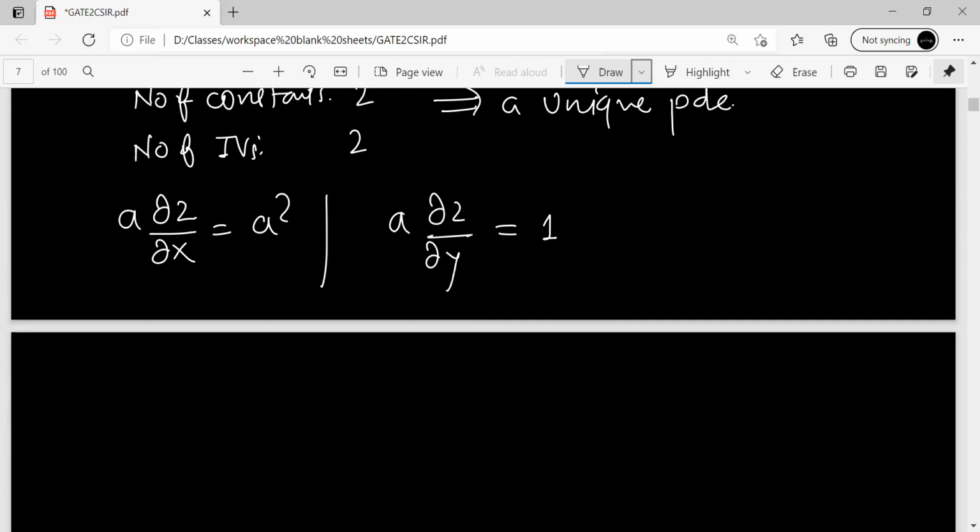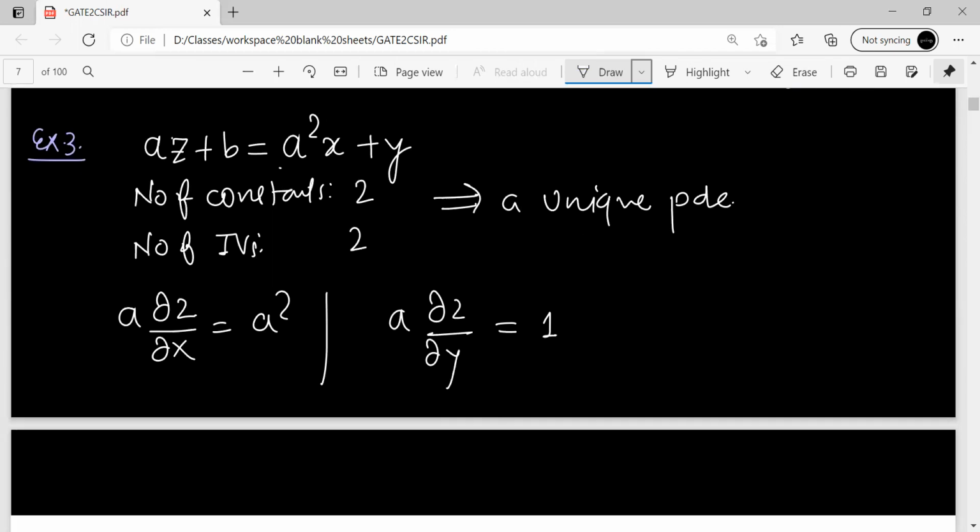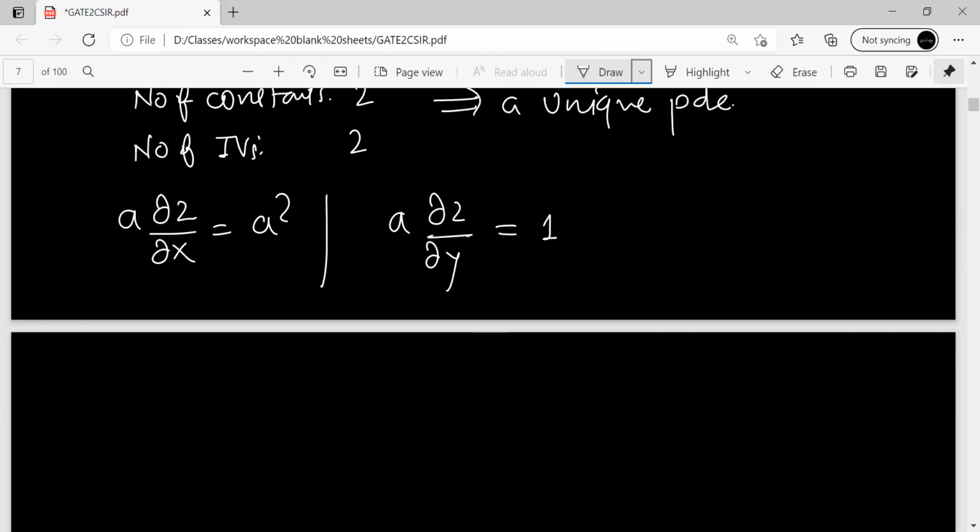So in that case, should I cancel the things, or anyhow I have to remove the constants and form a PD. That's my ultimate aim. So what can I do here? A is a square.